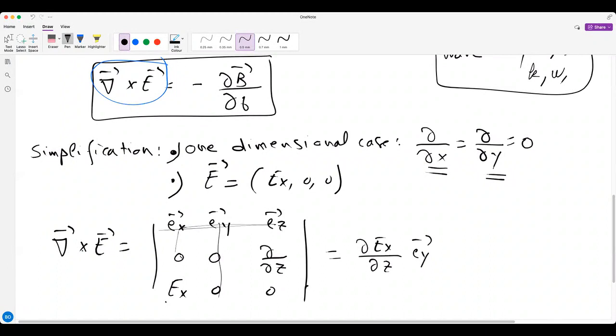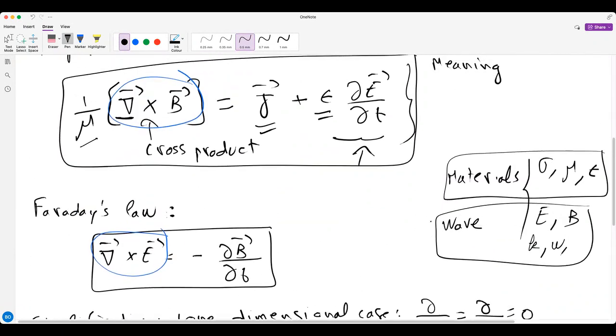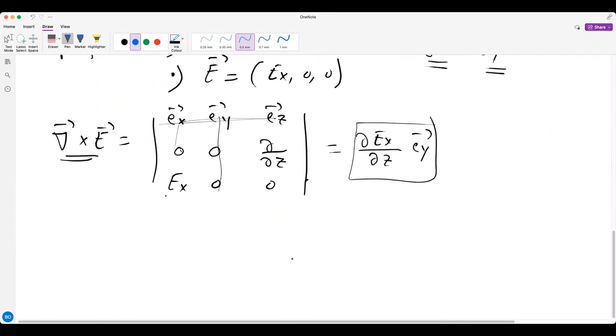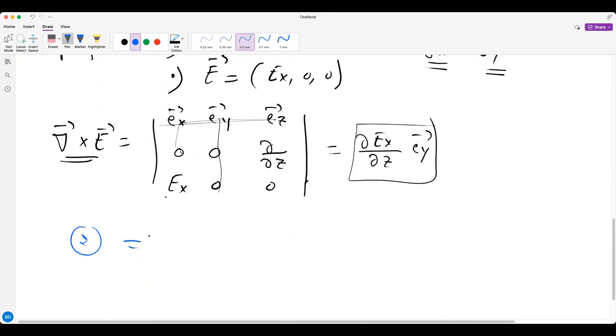So what I was mentioning is that this cross product is equal to this. Let me give numbers: this will be equation 1, this will be equation 2. So equation 2 becomes: the derivative of Ex with respect to z is equal to minus the derivative of By with respect to t.